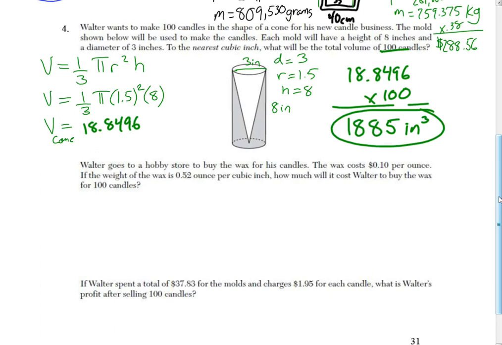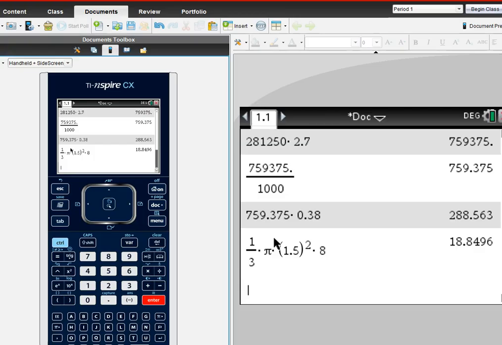So if we're going to multiply 0.52 times 1885, that will give us the number of ounces that we'll have to buy. So we take 1885 times 0.52.